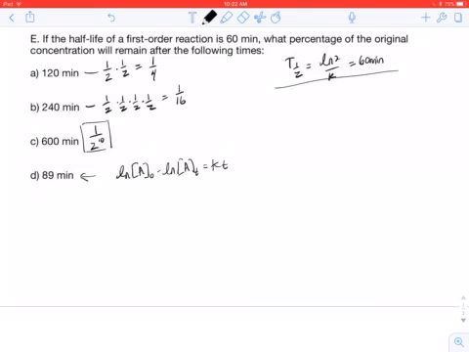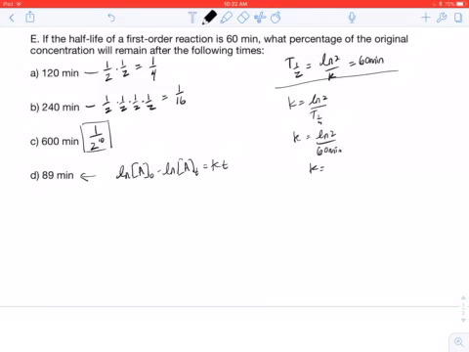Over here, though, let's go ahead and calculate what the k is equal to. K is equal to the natural log of 2 divided by the half-life of 60 minutes.